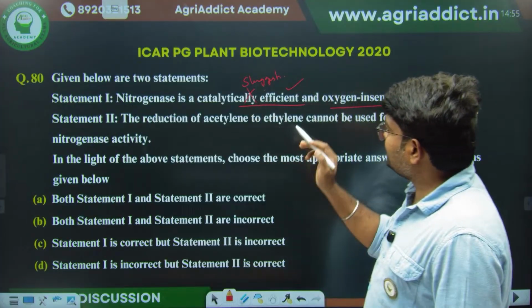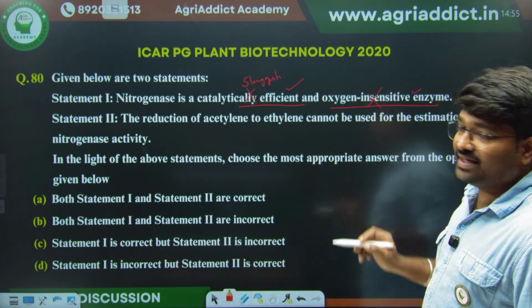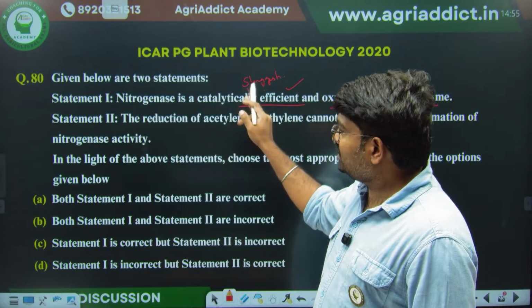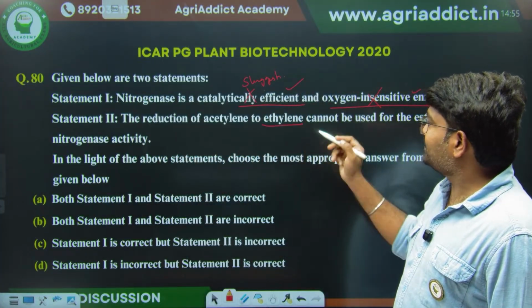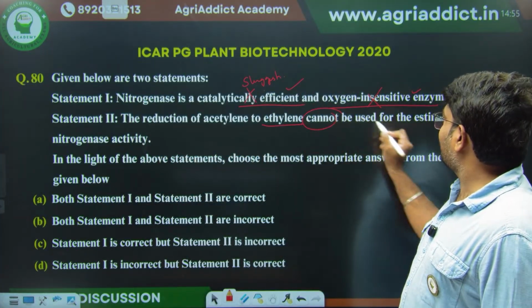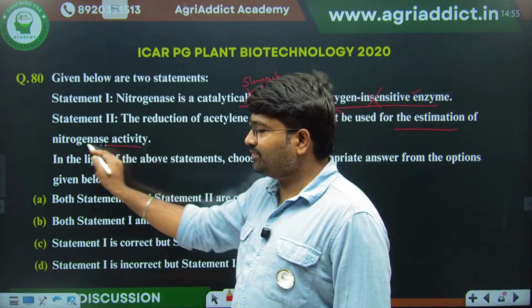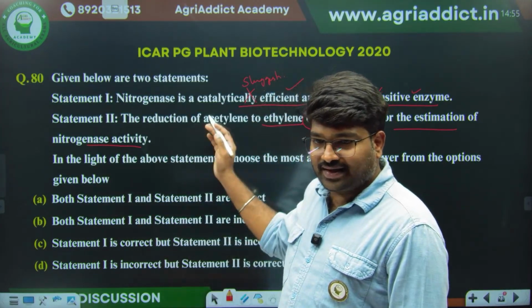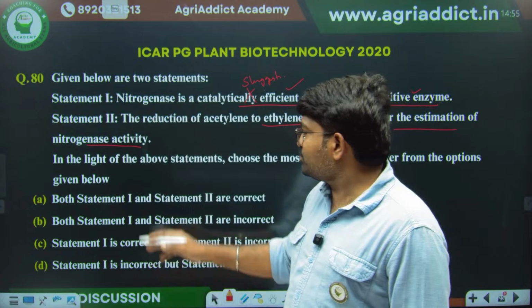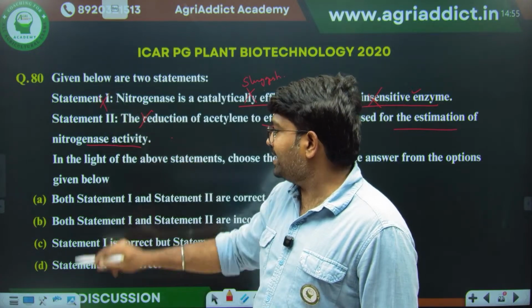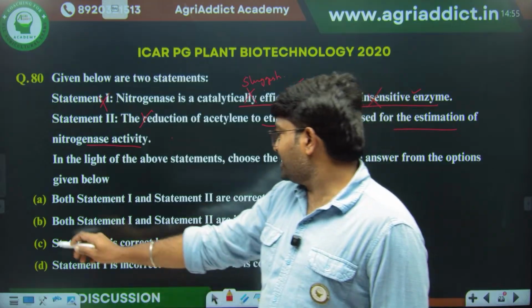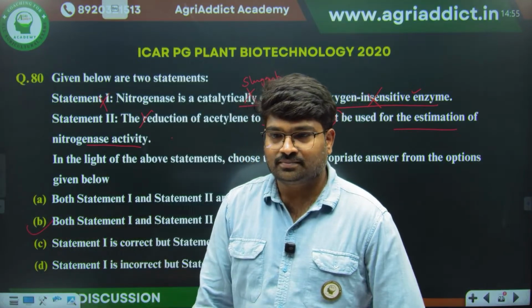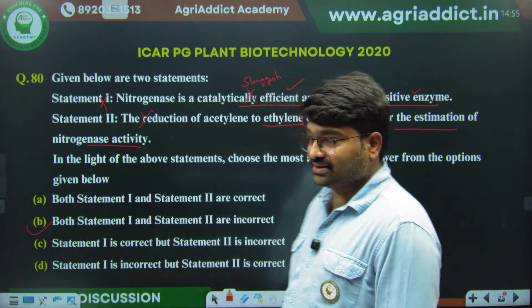This is wrong, as it is also oxygen sensitive. The reduction of acetylene to ethylene cannot be used as an estimation of nitrogenase activity. No, this we can use. So yes, very good. Both statements are wrong. Both statements 1 and 2 are incorrect. So option B will be the right answer.